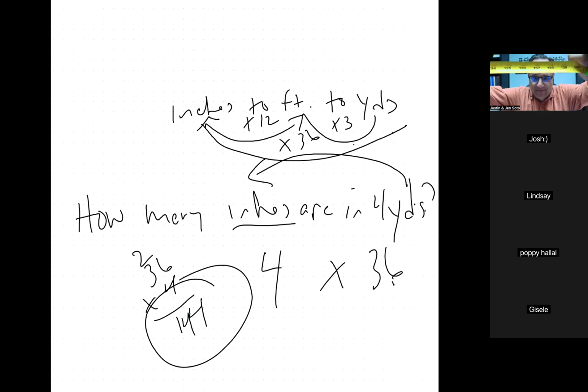Okay, look here. 12 feet, 144 inches. See the 144 in the red? 12 feet. So 4 yards is 12 feet, right? And 12 feet is 144 inches. All right. Cool beans. Oh, fun, fun, fun.